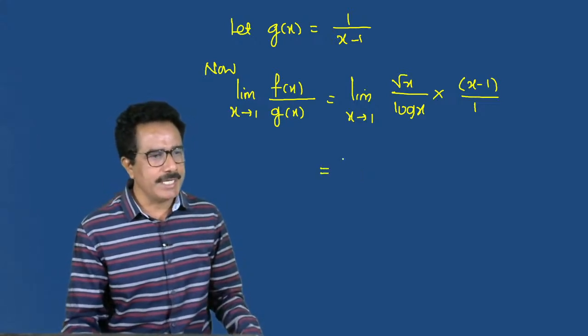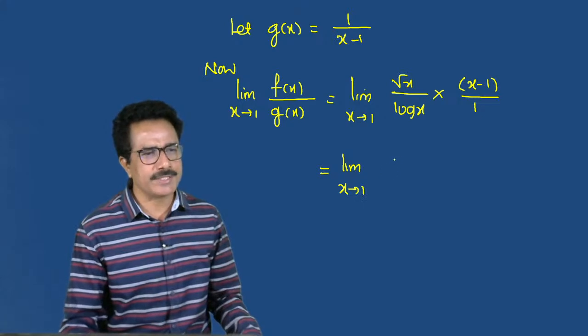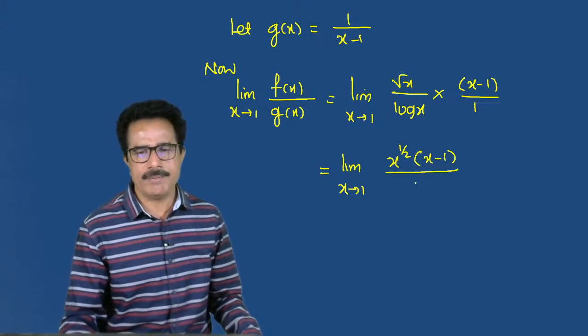So we can write limit x tends to 1, root x means x raised to 1 by 2, into x minus 1, divided by log x.